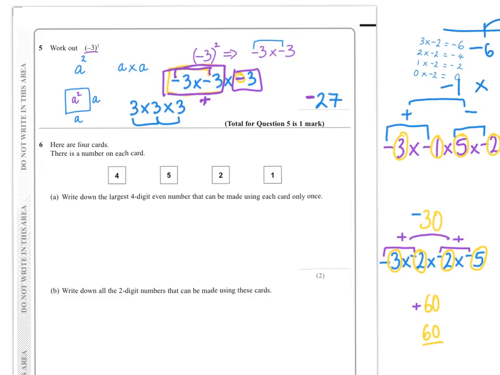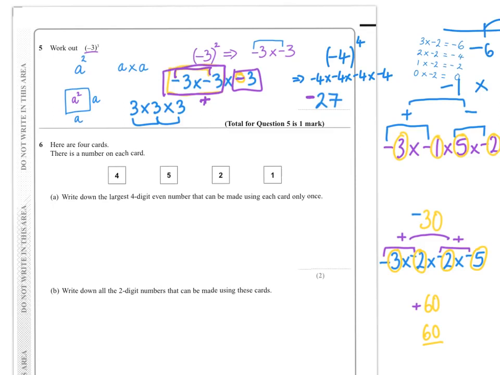So those kind of questions can be quite demanding, especially if you had a question like, say, negative 4 to the power 4. Well, if you think about it, that would be the same as just writing negative 4 multiplied by itself again, and then by itself one more time.